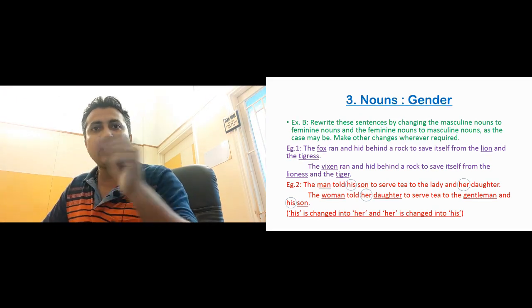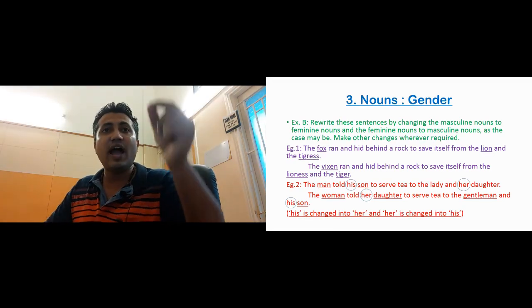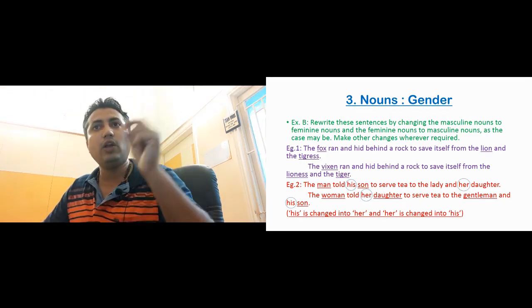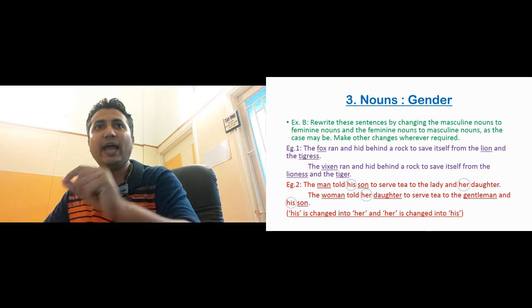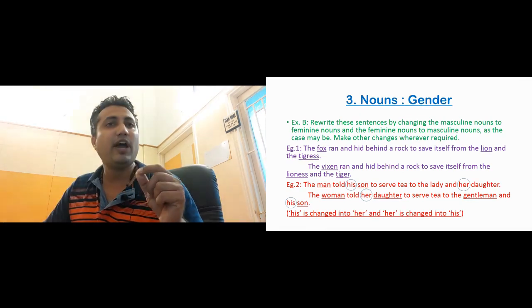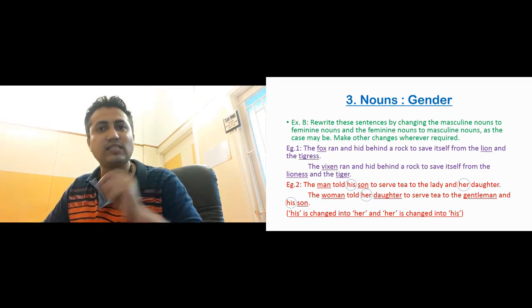These are the other changes that we have to make other than the noun. So what is the answer sentence now? The woman told her daughter to serve tea to the gentleman and his son. Understand, students? This is how we have to solve the sentences in this exercise.